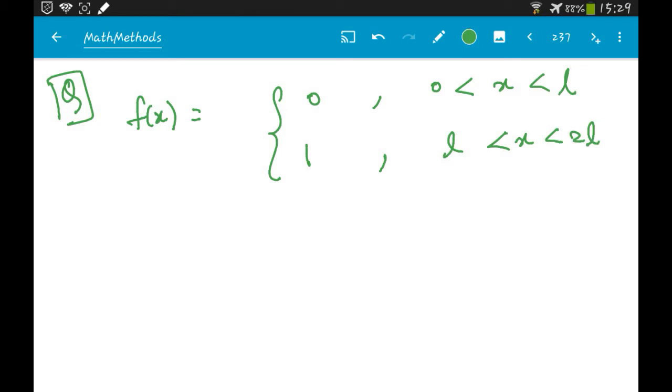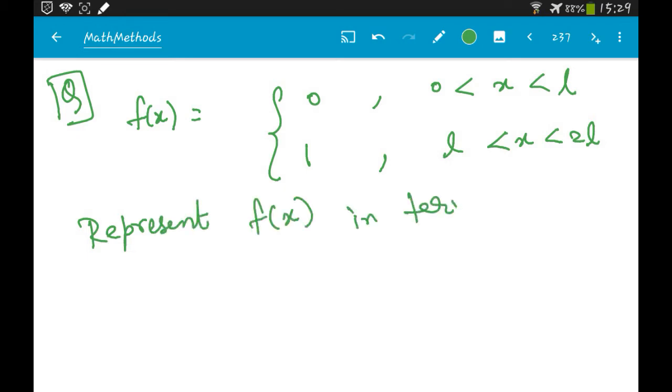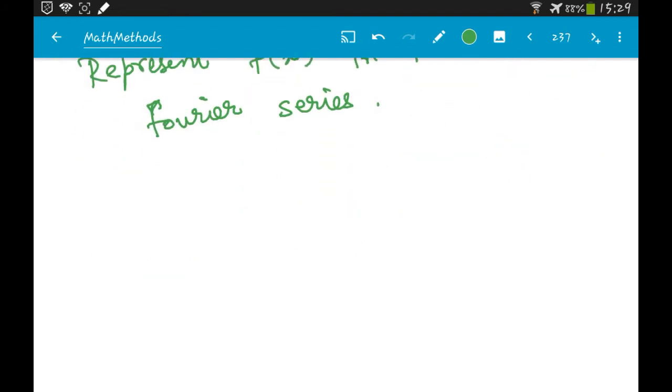So we want to represent f of x in terms of Fourier series. Let's do it in terms of exponential Fourier series. So we need to only find Cn, right?